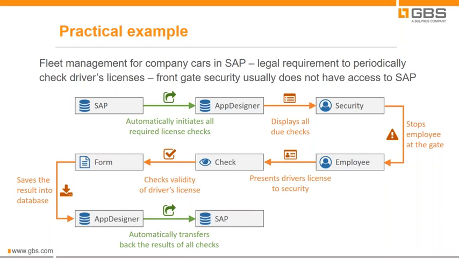AppDesigner automatically transfers the results back to the leading system, SAP. SAP accepts it and sets the next check date to 6 months from now. And then the next time the whole process runs, SAP will provide more license checks.